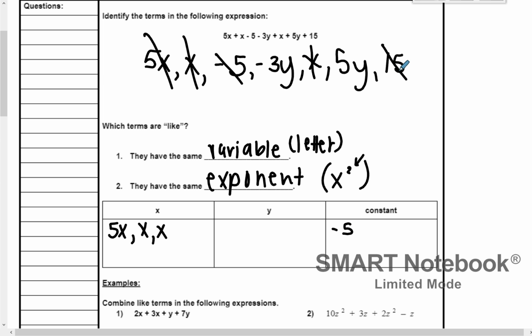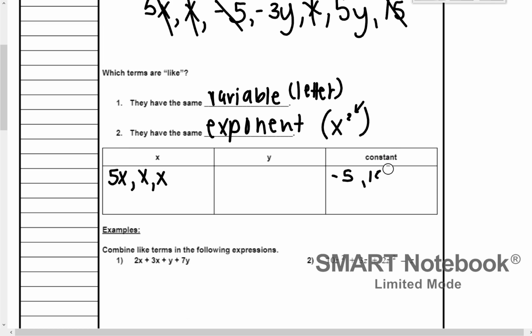And the other constant is a 15. It does not have a letter. Constants don't have a variable with them, remember? Then we have a negative 3y, minus 3y, and the other y we have is a 5y. So we just combined our like terms. Now we didn't add them together or subtract them, we just sorted them.